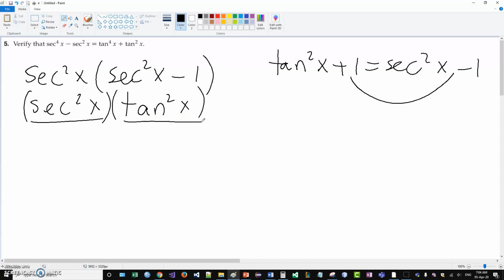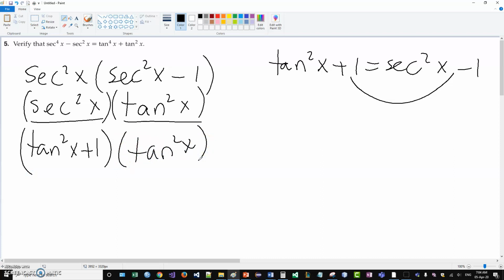Now for this secant square x, we can replace that with tangent square x plus 1 times tangent square x. Multiply both factors: tangent to the power 4x plus tangent square x, which is the right side of the equation. Please pause the video and try to do this yourself.